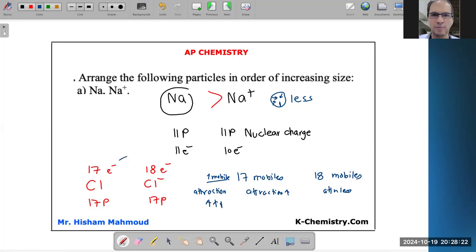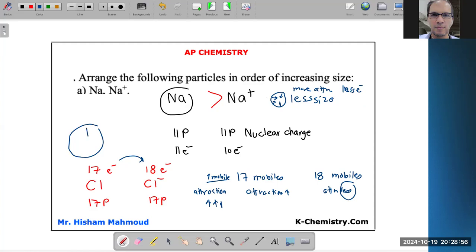So when you increase the electrons, the attraction becomes less. What happens when the attraction becomes less? The size gets bigger or smaller? Sorry, mister, can you repeat? When the attraction becomes less... Here we said more attraction means less size. But here I added electrons, so what happens to the attraction?